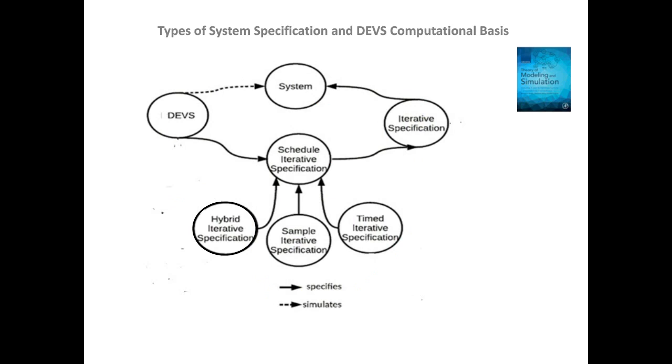So let me tell you a little bit more about how DEVS and the system relate to each other. This is in a recent edition of my original book, and the idea of iterative specification is further elaborated in that book.